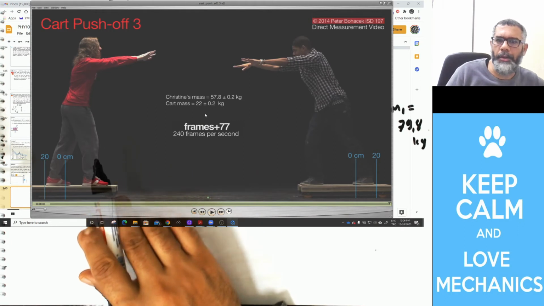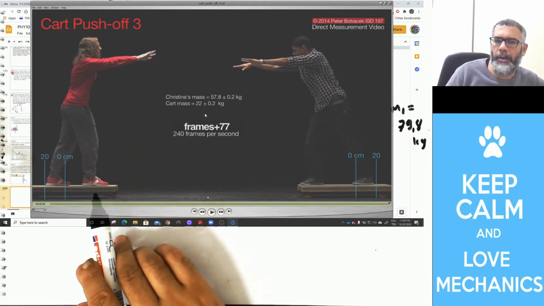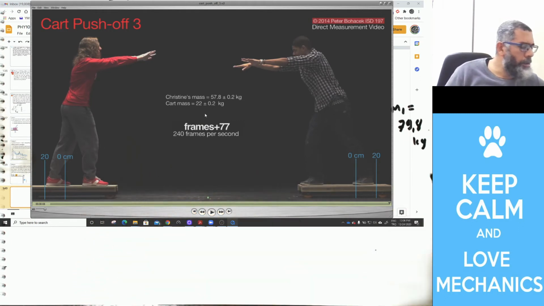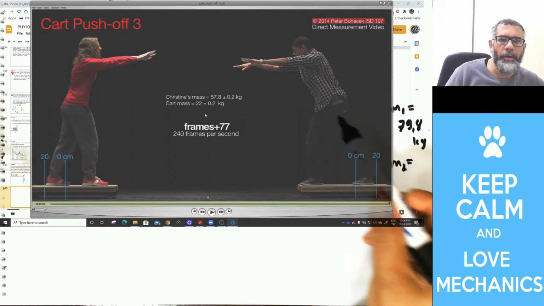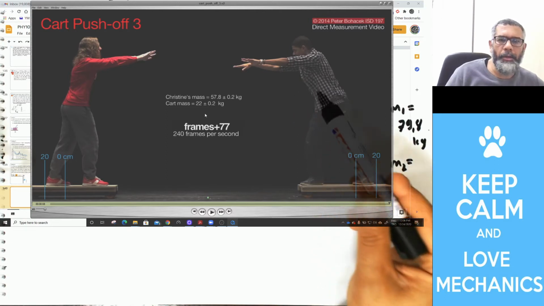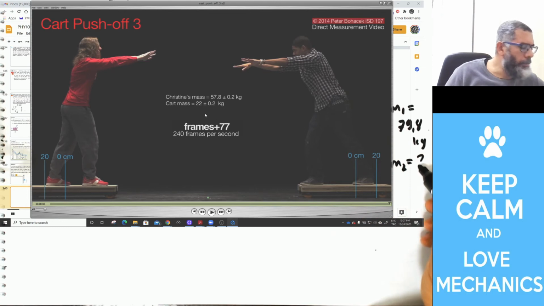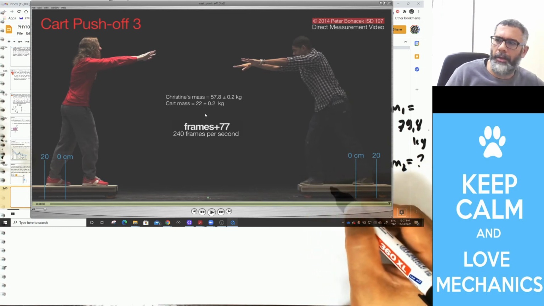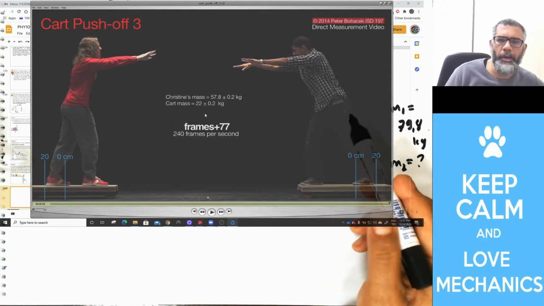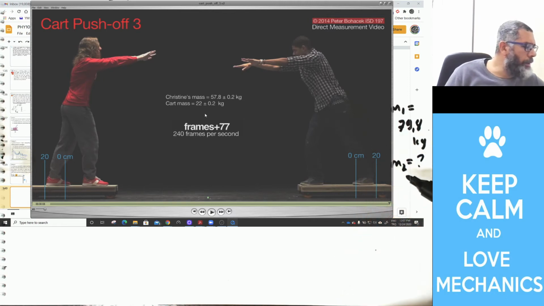It's girl plus her card. And M2, let's specify M2 to be the boy and the boy's card mass altogether, and it is unknown. We know that the card has a mass of 22, but since we don't know the mass of the boy, we can put this as unknown, because we are going to try to figure out what the mass of the boy is.